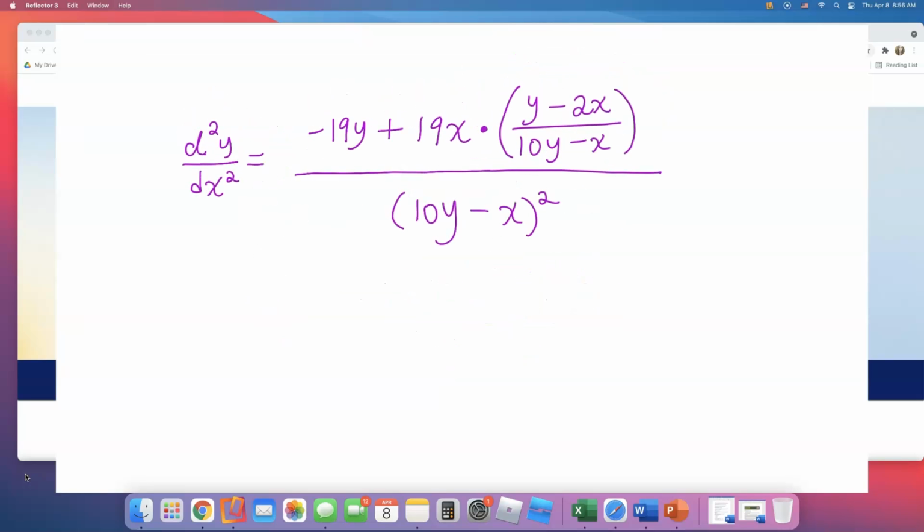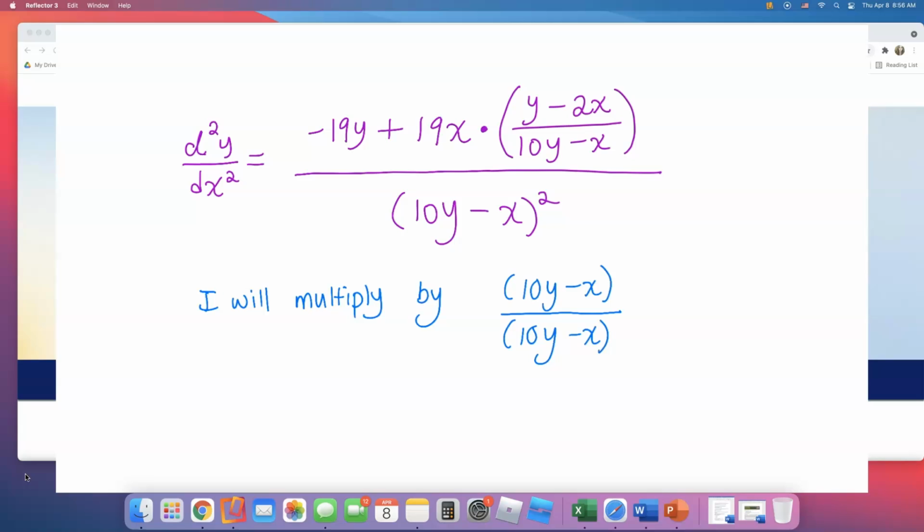Okay, how am I going to simplify this? I don't like how I have a fraction on top and a fraction in the denominator. So here's my strategy. I will multiply by 10y minus x over 10y minus x. Why am I doing that?